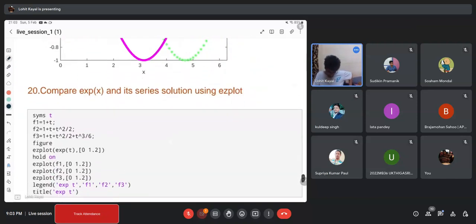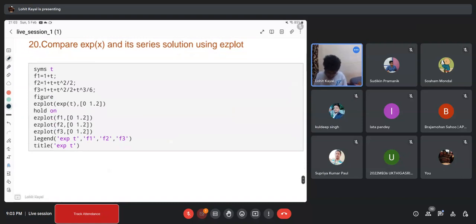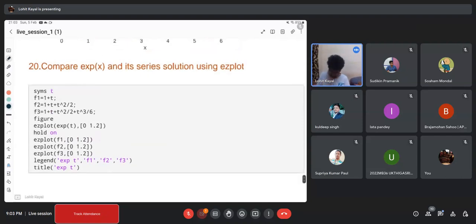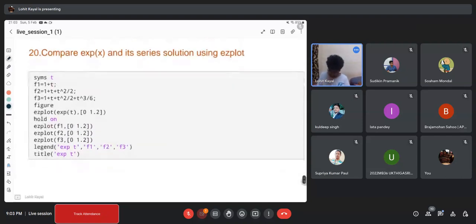Now the last question. This is another mathematics exercise, and I will end it by showing EZ plot again. We all know the series expansion of e to the power x, or exponential of x.